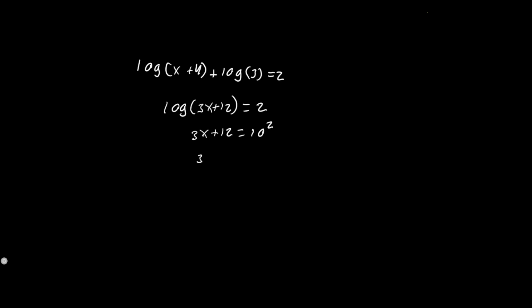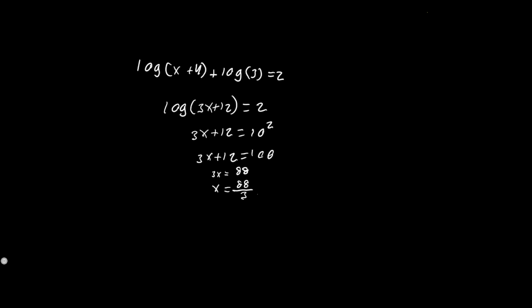So we have 3x plus 12, and that equals 100. So now we're going to go ahead and have 3x, and subtracting 12 from both sides is going to give us 88. And x is equal to 88 divided by 3.